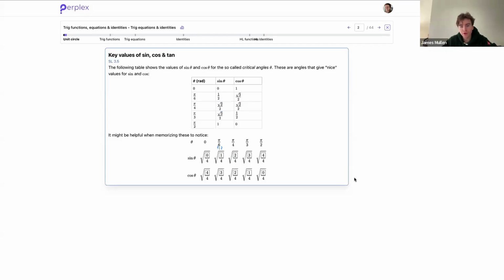Square root of 3 over 4, and square root of 4 over 4. This makes it a lot easier to see the pattern, right? Which is that I have 0, 1, 2, 3, 4, all divided by 4 under the square root, and the opposite for cosine. We start at 4 over 4 square root, then 3 over 4, then 2 over 4, then 1 over 4. That might help you to memorize these values instead of these somewhat random-looking square roots that you have in this table.